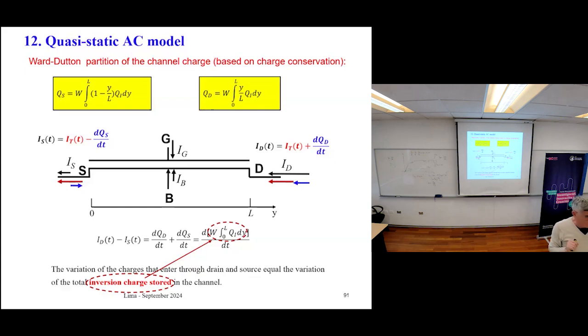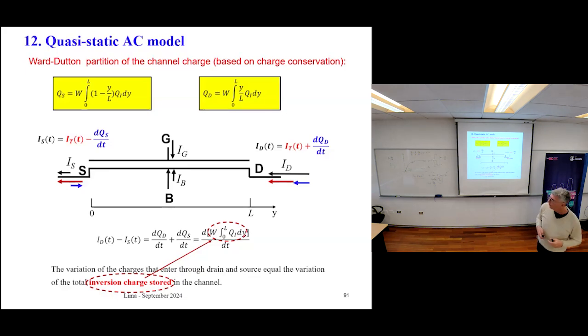Let's put half for the source. If the transistor is in saturation, let's put 2/3 of the charge variation to the source and 1/3 to the drain. Okay, but the problem is that this model didn't conserve charge.